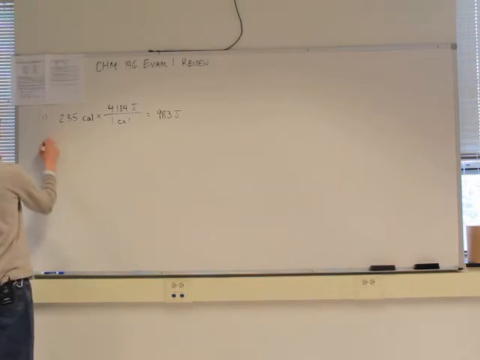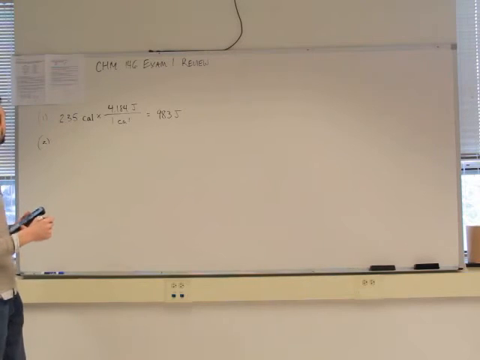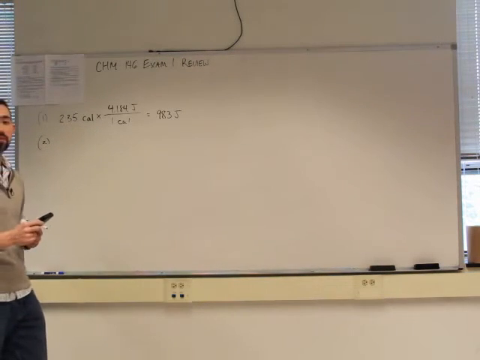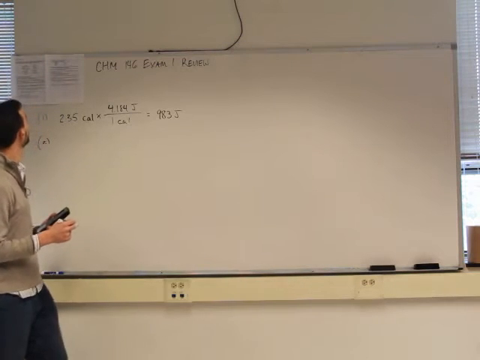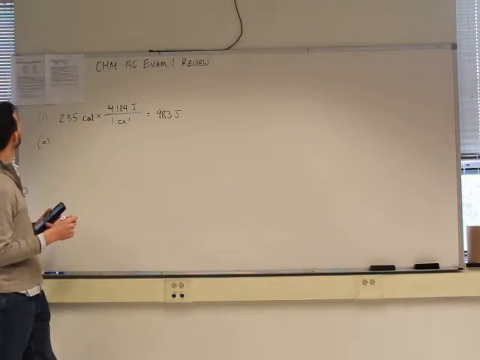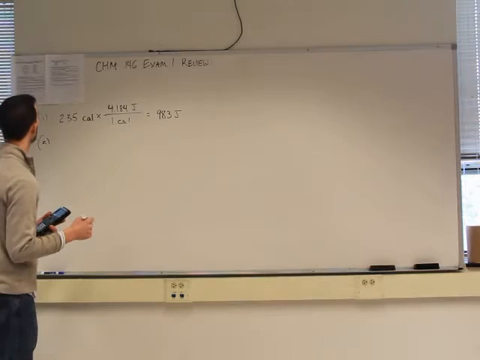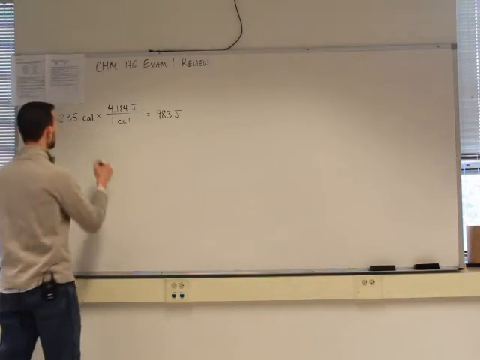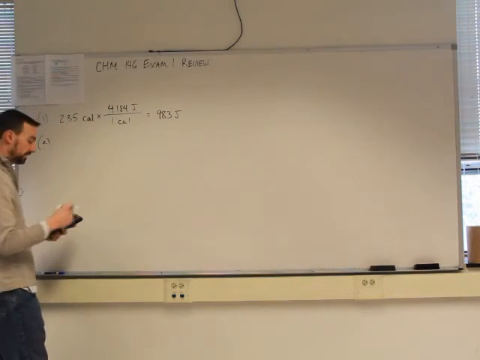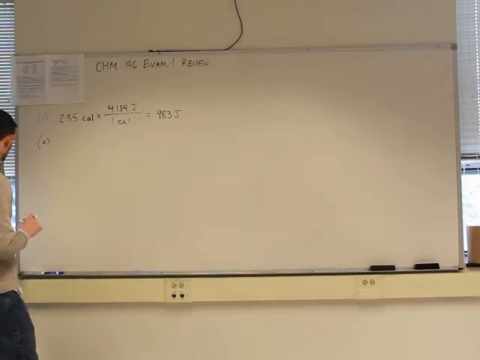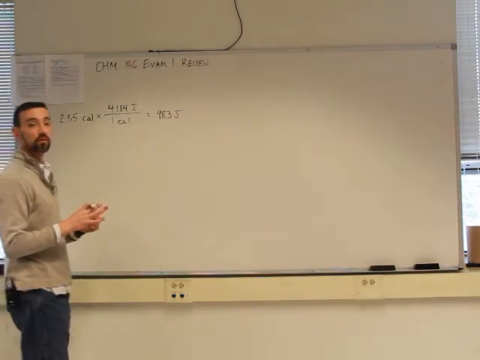Our second question: if 1 mole of ethanol at 22 degrees Celsius absorbs 1.45 kilojoules of heat, what's the final temperature of the ethanol? And we're provided the specific heat capacity. So heat, when it enters or leaves a system, can be quantified with two formulas.